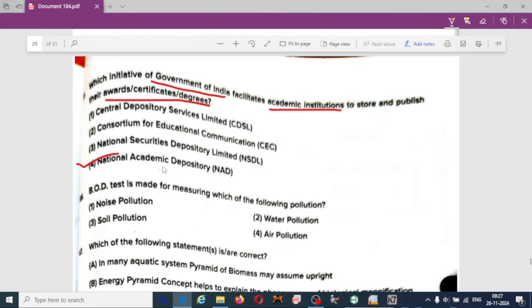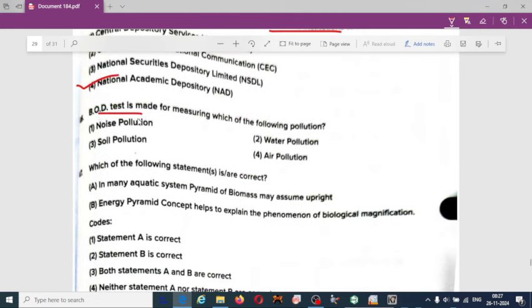Option 4 is correct. BOD test is made for measuring which of the following pollution? BOD stands for biochemical oxygen demand. How much oxygen is required to break the organic matter in water? So BOD is related to water pollution.